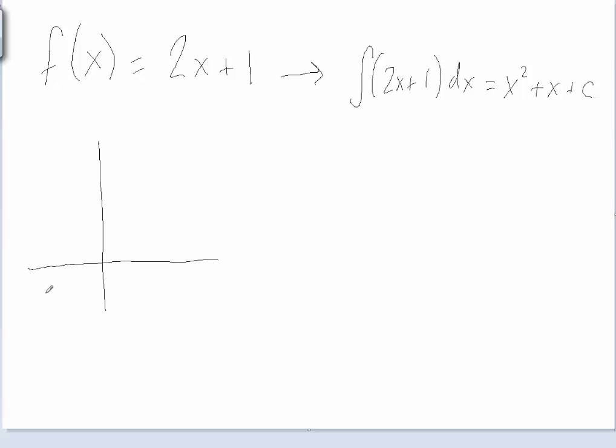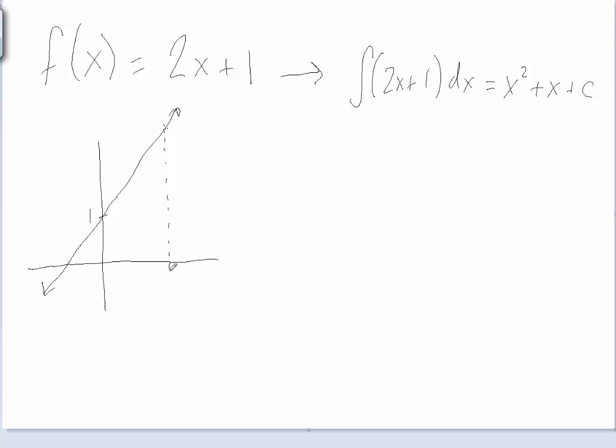Here's our graph, something like this. This is 1. In general, we can find the area under this curve.